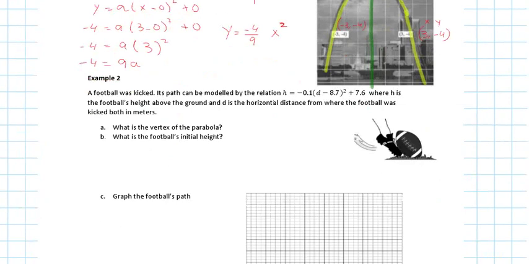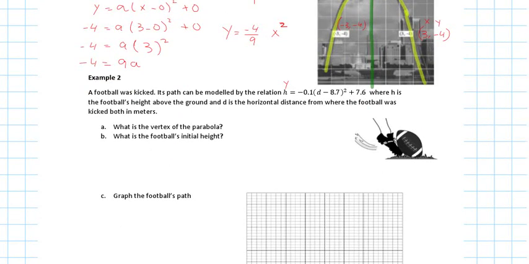So in this case, I have two letters other than x and y, but they still represent x and y, right? So h is the height of the ball, which is replacing the y. And d is the distance from the kicker, so that is my horizontal distance, which represents the x, but I'm using different letters. Doesn't matter, right?